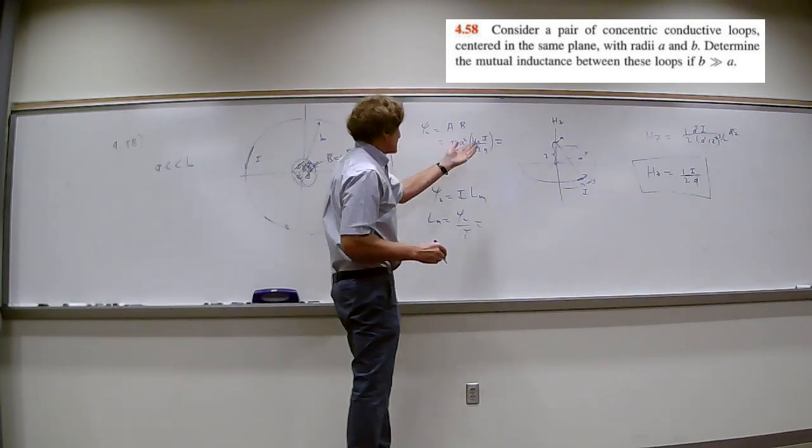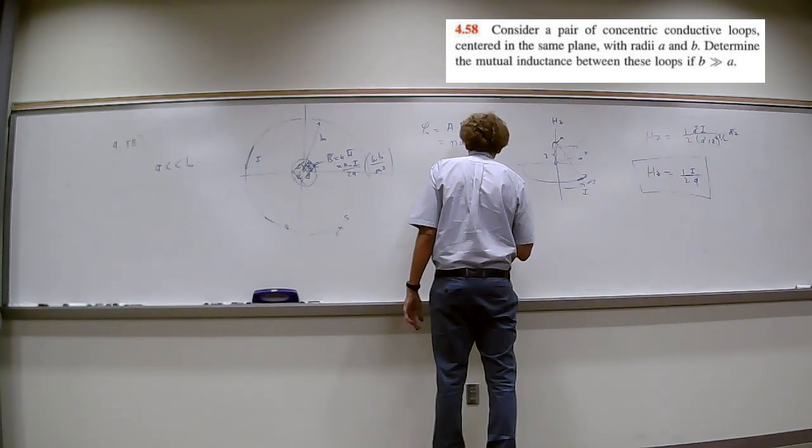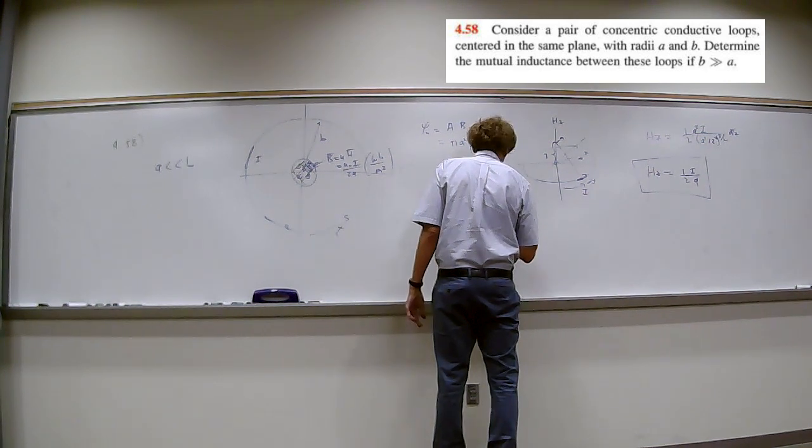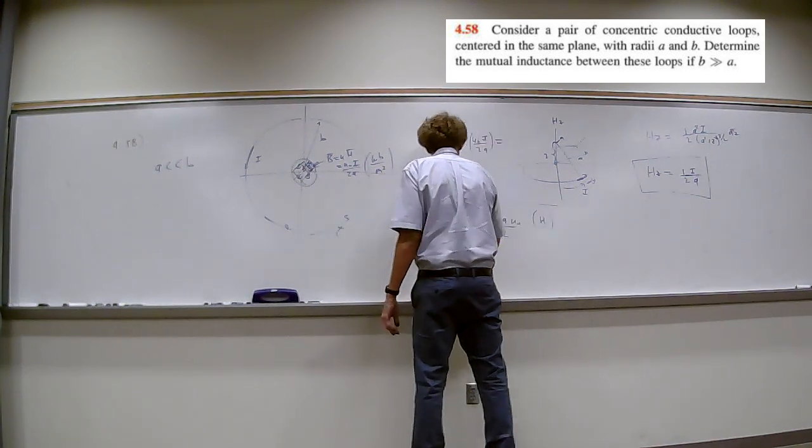Well, you just erase the current. So you get this equal to really pi A over 2 mu 0, and that would be Henrys. And that's a mutual inductance.